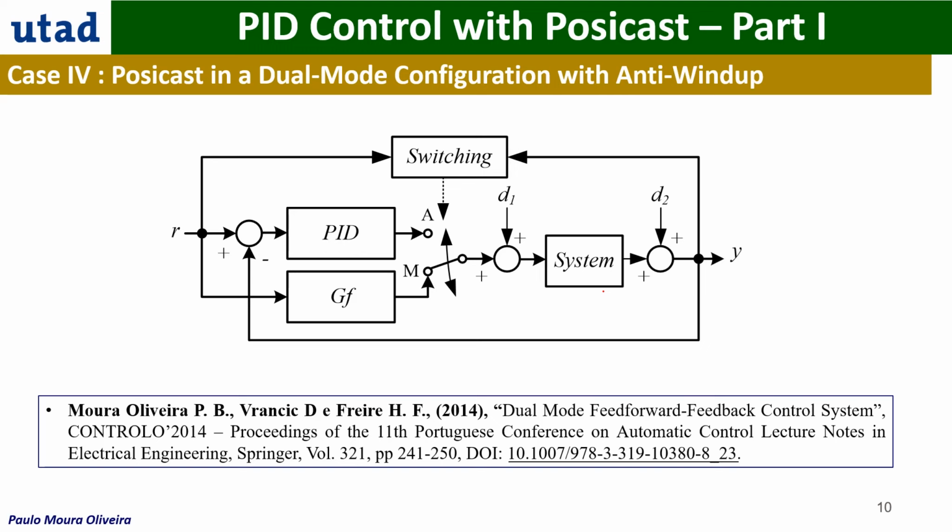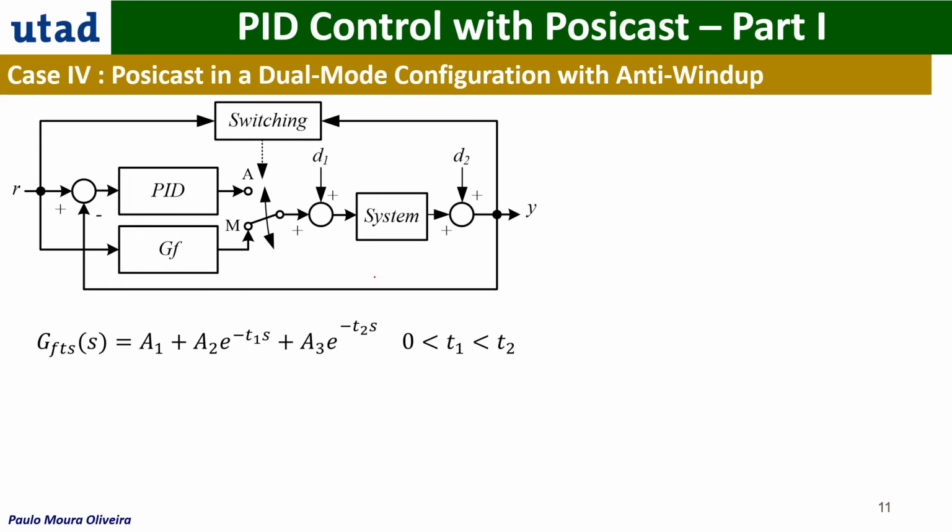Later on, we proposed this technique again, with a more sophisticated method to determine the switching. We use the reference and the output to determine the switching time, and this was published in this paper. The problem in this case is that the system cannot always be represented as a second order underdamped system; it can be high order or have different dynamics.